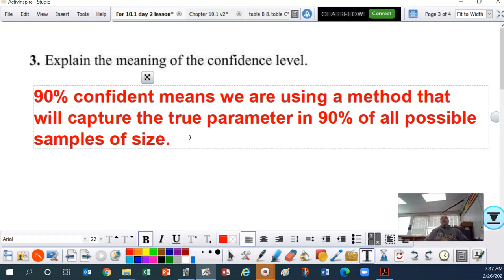Boom, I'm done. 90% confidence means we are using a method that will capture the true parameter in 90% of all possible samples of this size, which is size 8, sample size of 8. Okay, sorry about that.